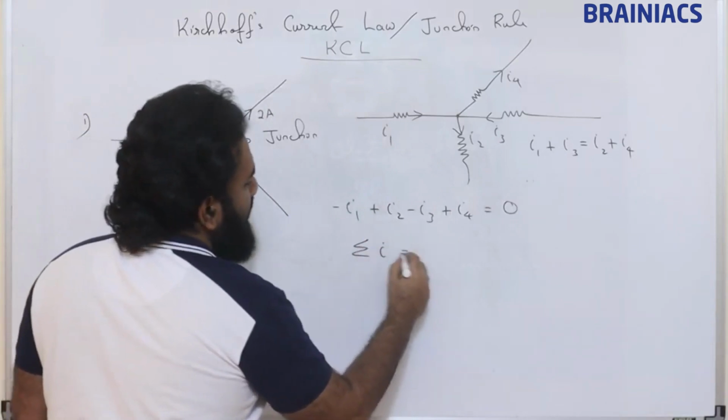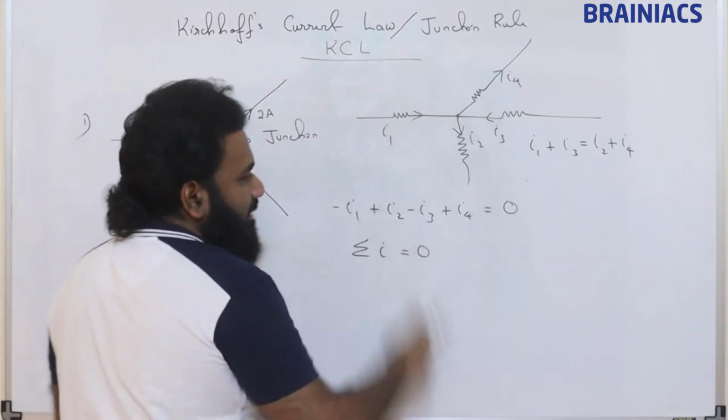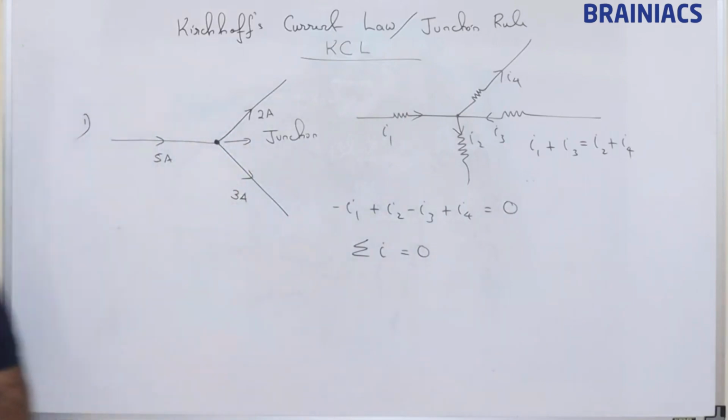The sum of currents entering a junction will be equal to 0. Note it down.